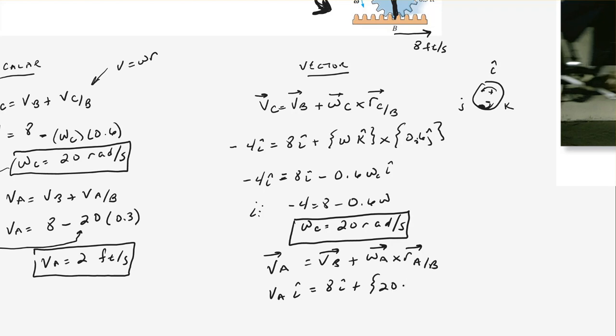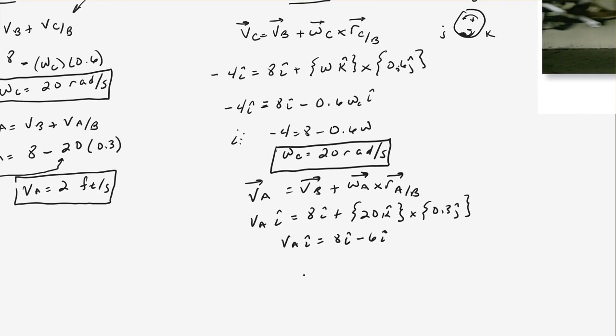Since it's going counterclockwise, your thumb would point out at you, so it's positive K crossed with 0.3J. So V sub A is equal to 8I minus 6I. So V sub A would be equal to 2.